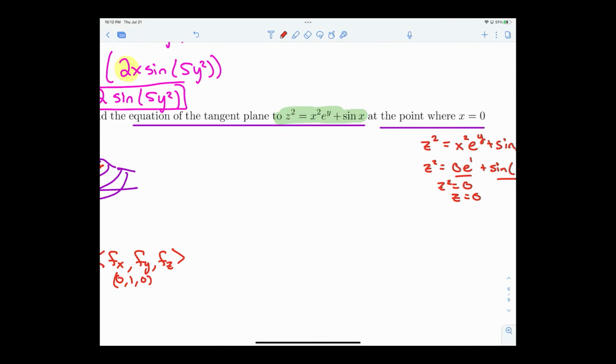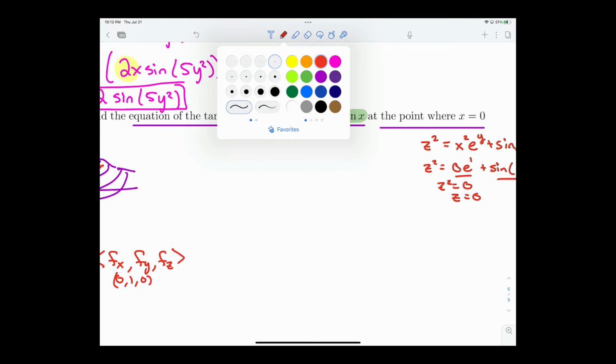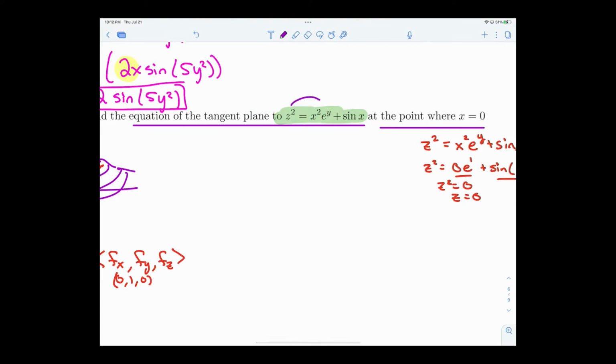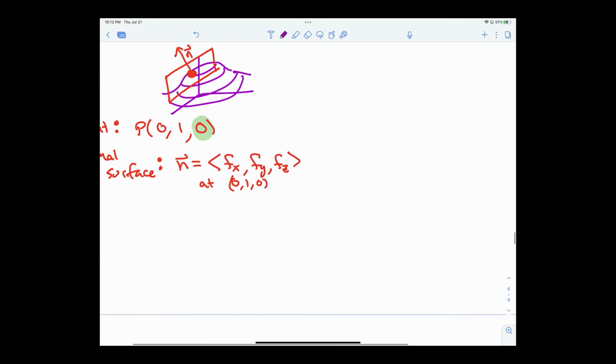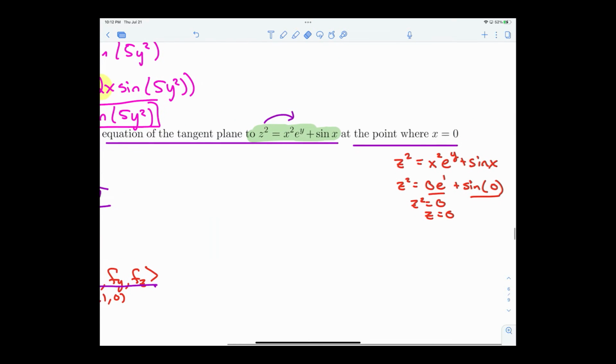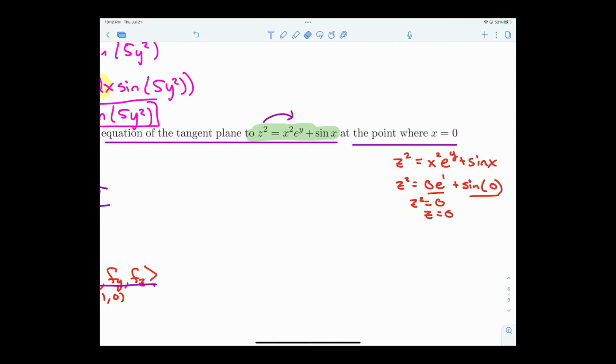In order for this formula to be correct, you need to move this to the other side of the equation, because this is only the correct formula for the normal to a surface if your surface is set up as f of x, y, z equals a constant. Ours is not quite written that way, with the z squared on the left.